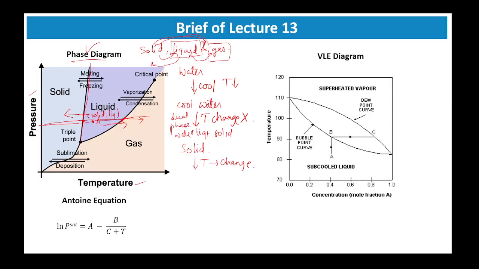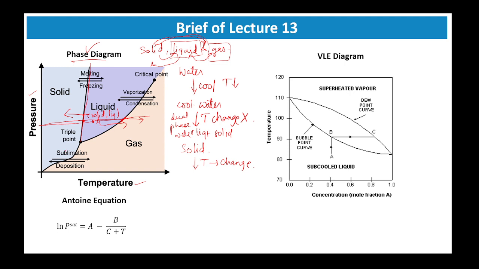Again, if you consider solid and liquid transitions, then conversion of liquid to solid is freezing or solidification, and solid to liquid is melting or liquefaction. Now, there can be certain examples where you have a direct transition from solid to gas.